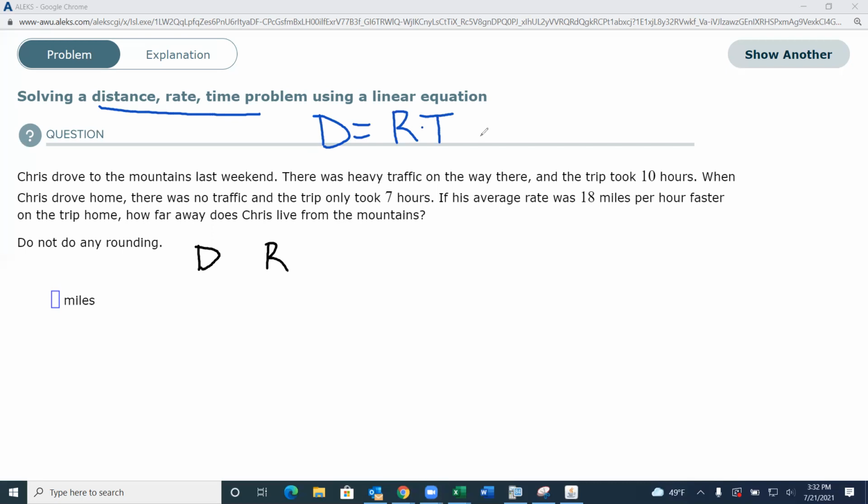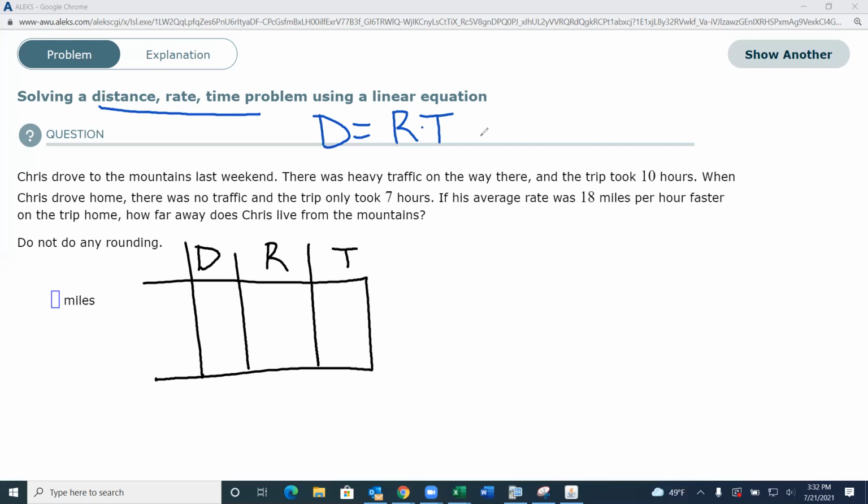We're going to use that to help us figure out this distance.